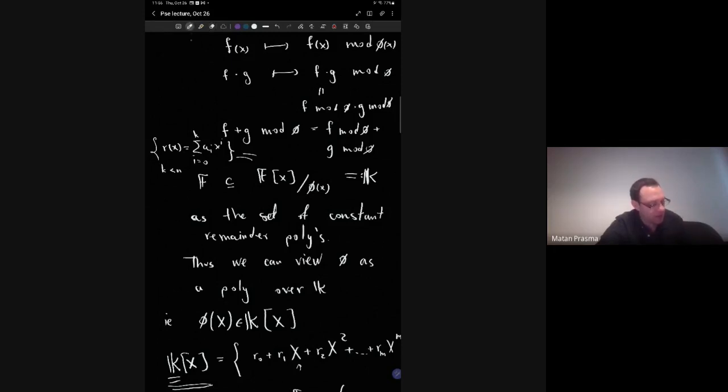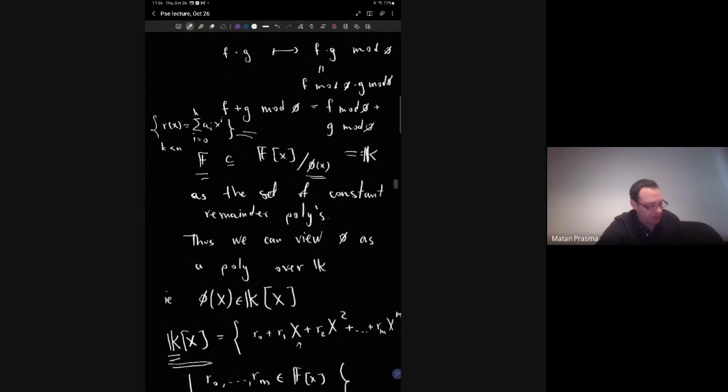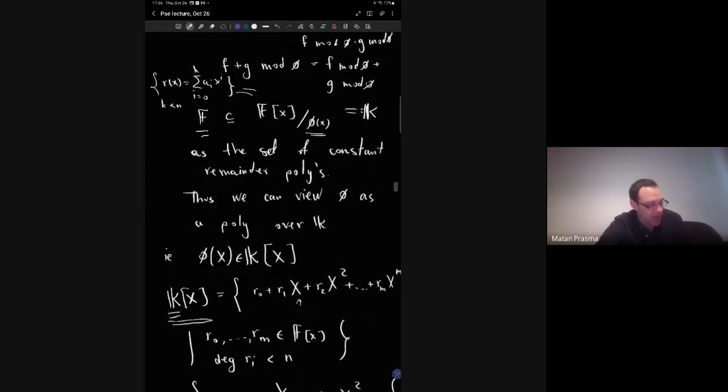I took a field F, and I took a prime polynomial. And now I constructed this field K that is the set of all possible remainders of long division mod phi.